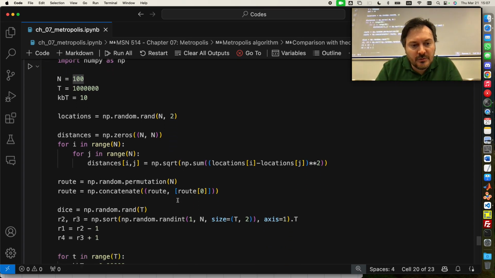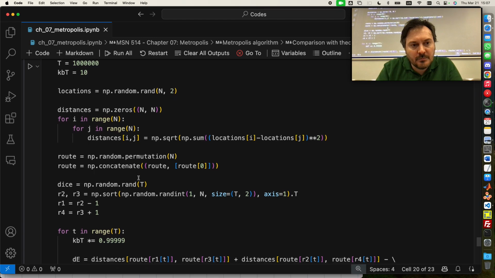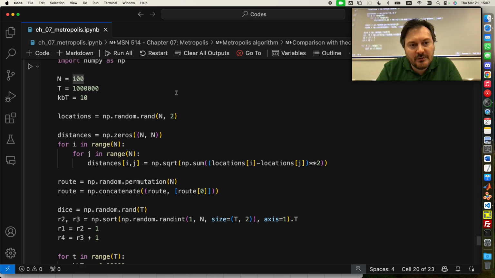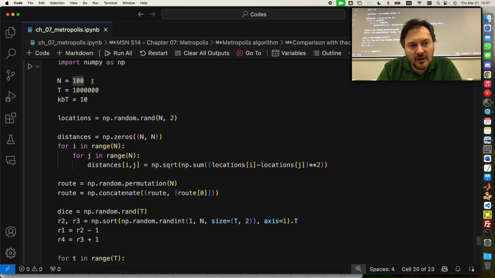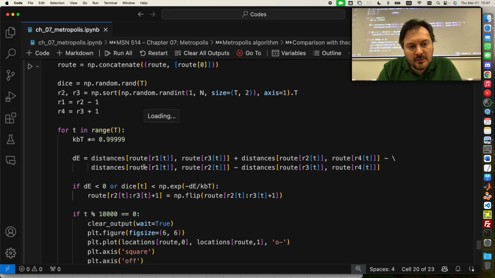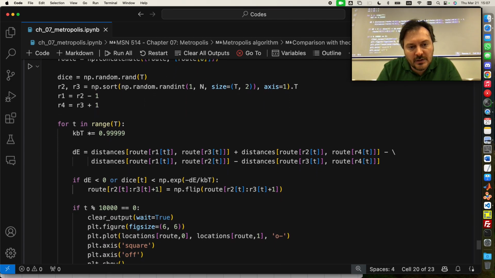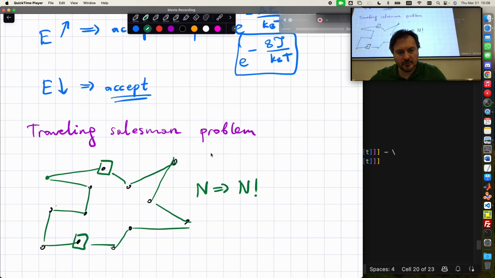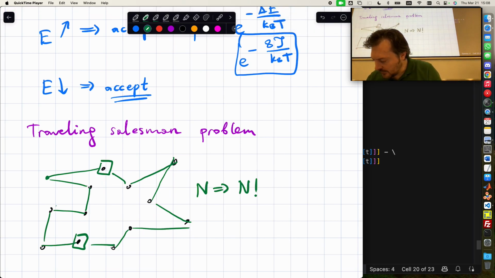So let me show you the code. There are some locations, random locations, n of them, and some distances that we calculate beforehand. And then what we do is we think of this. Let's say this is 1, this is 2, this is 3, this is 4.